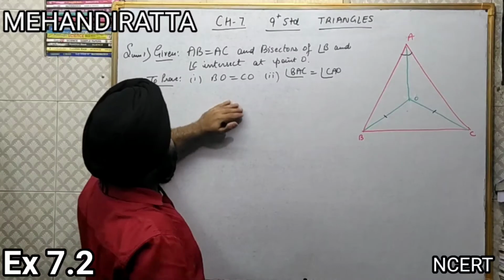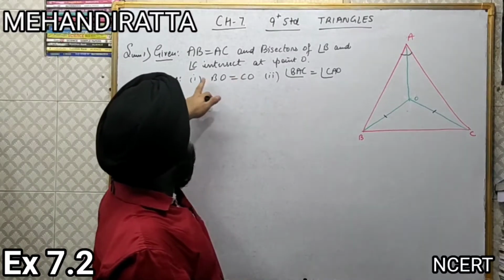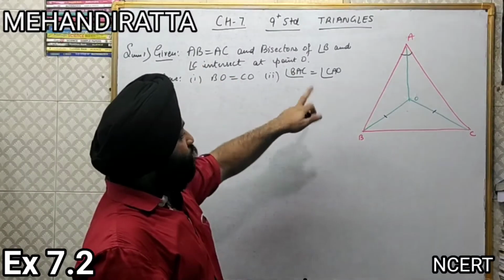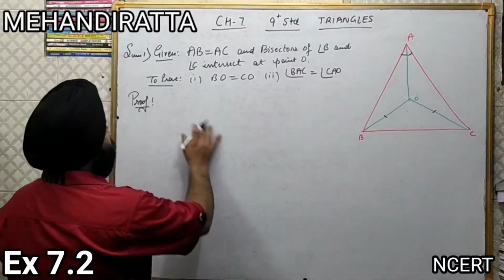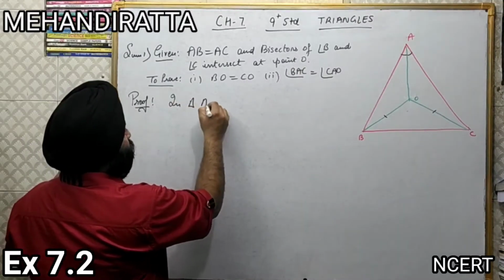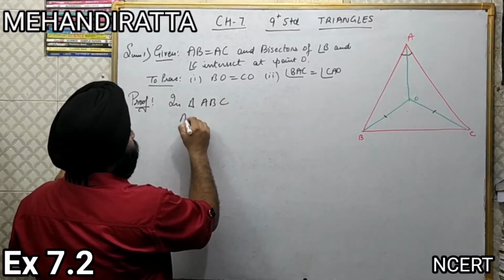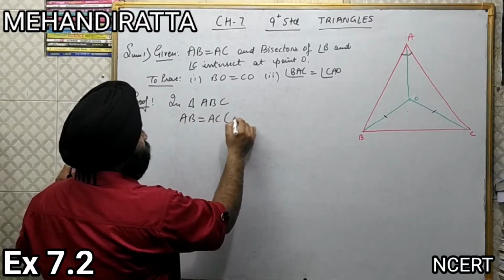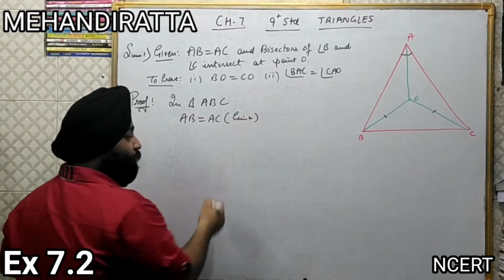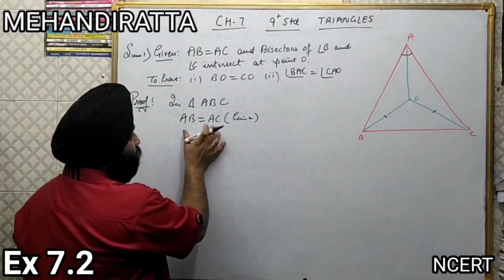For this, firstly, what we are given is AB equal to AC. In triangle ABC, AB equal to AC is given to us.